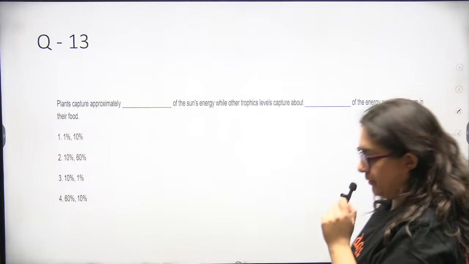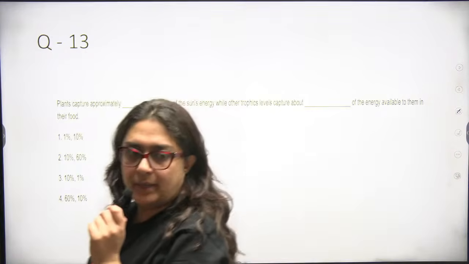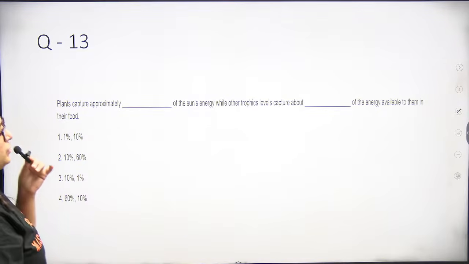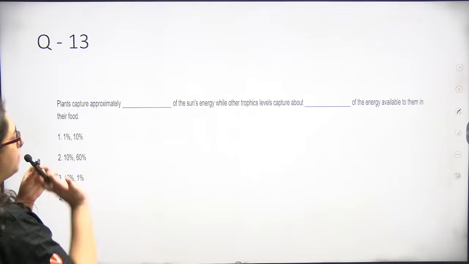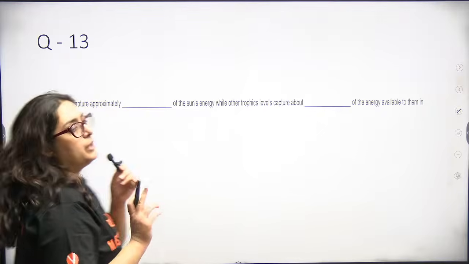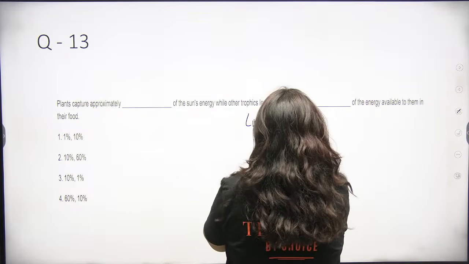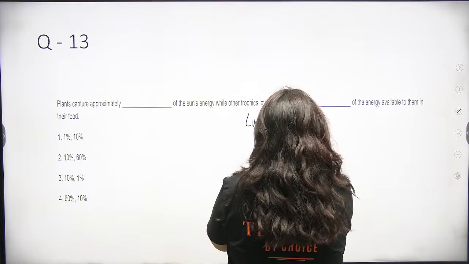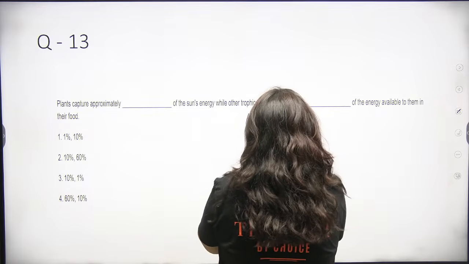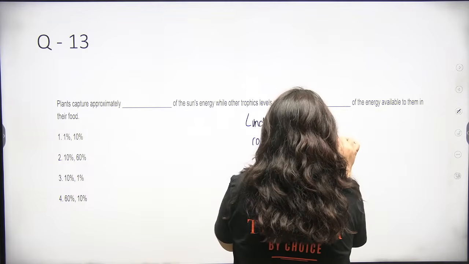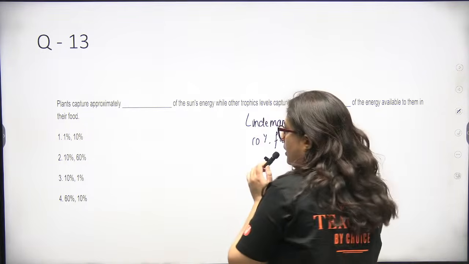Plants capture approximately what percentage of the sun's energy, while other trophic levels capture what amount of that energy? We very well know that energy flow is according to Lindeman's 10% law of energy flow.